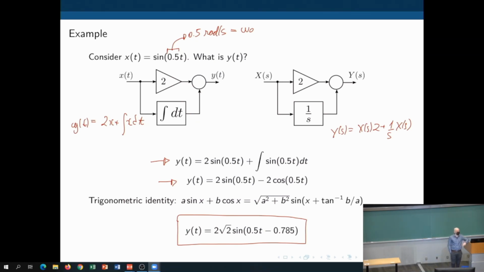Based on this result, tell me, what is the magnitude of the transfer function, Y over X, at 0.5 radians per second?